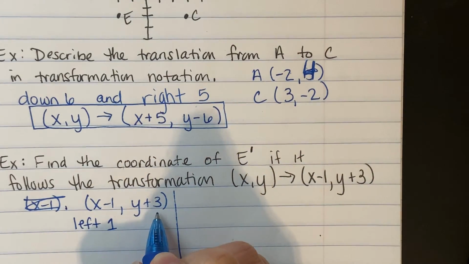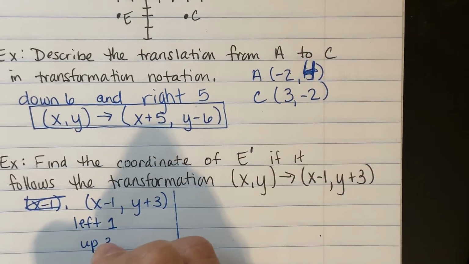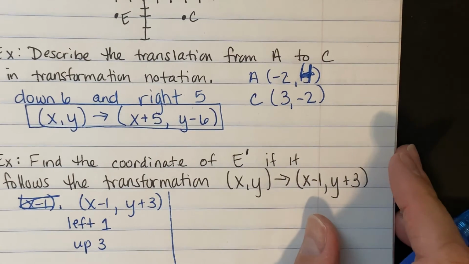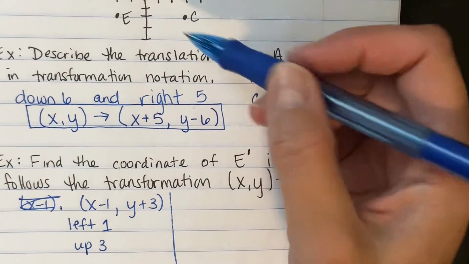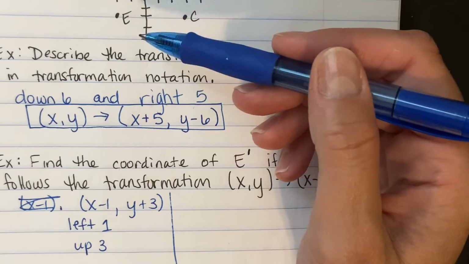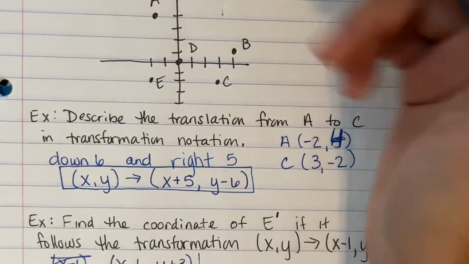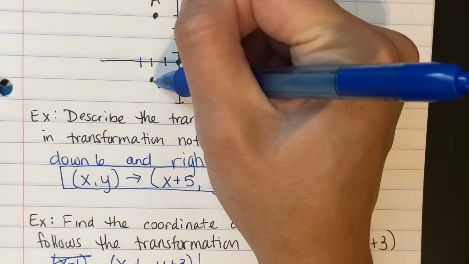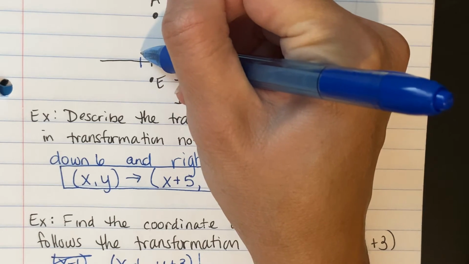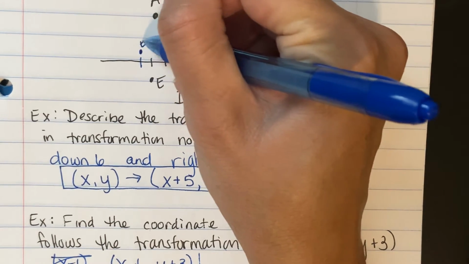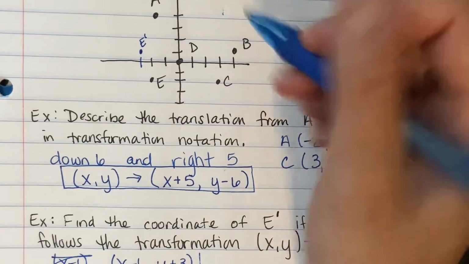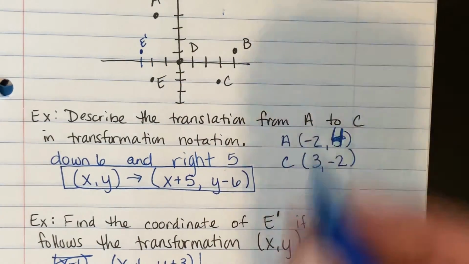And the y plus 3 is up 3. So I can go to E on the graph and count left 1, up 3. So left 1 and up 1, 2, 3. And so my new E prime would be right here, at negative 3, 1.